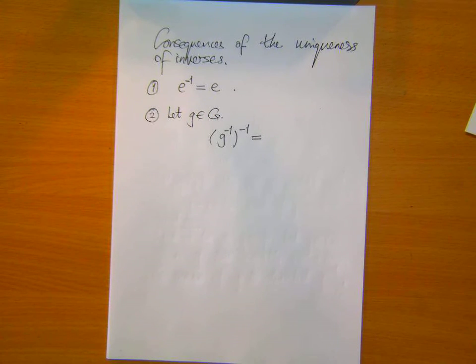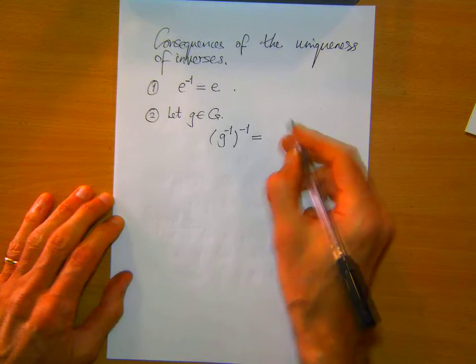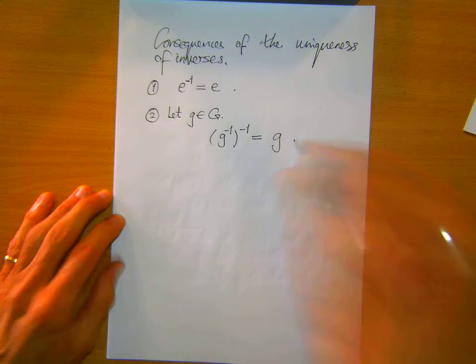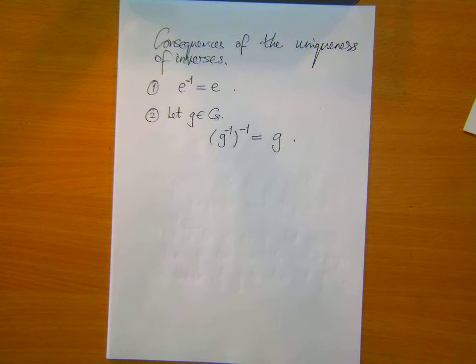Any suggestions? g, good. What else could it be? The inverse of the inverse is, you get back to where you started. And you're quite used to that. If you're working under multiplication in the rationals, the inverse of 2 is 1 over 2, and the inverse of 1 over 2 is 1 over 1 over 2, which is 2. So you get back to where you started.